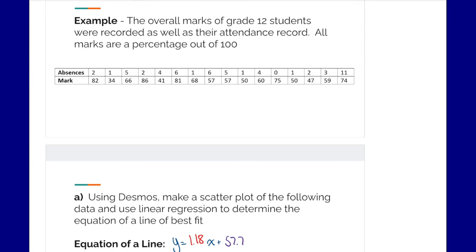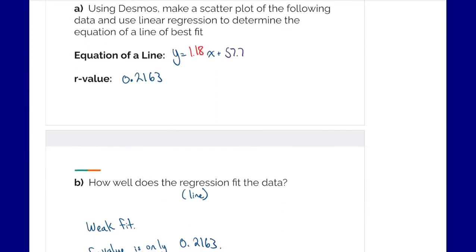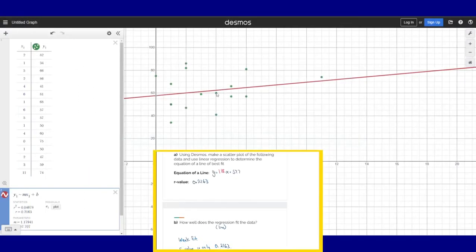But right now, what this is saying, and we can even see it in the graph, is that the more absences you have, the higher your mark will be. Again, based on what we know that's most likely not true, but based on our data that we've collected, it is. Is there some bias in there? Yes, in terms of the number of people we sampled and how we sampled them, it's not the most bias-free. But again, we're not too concerned about that.